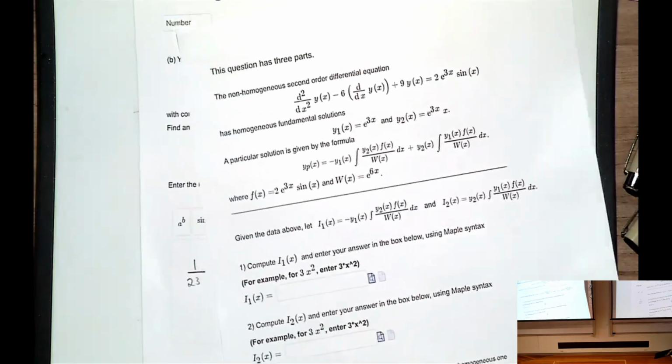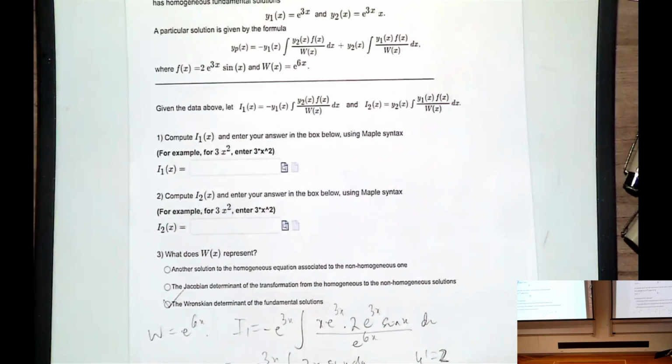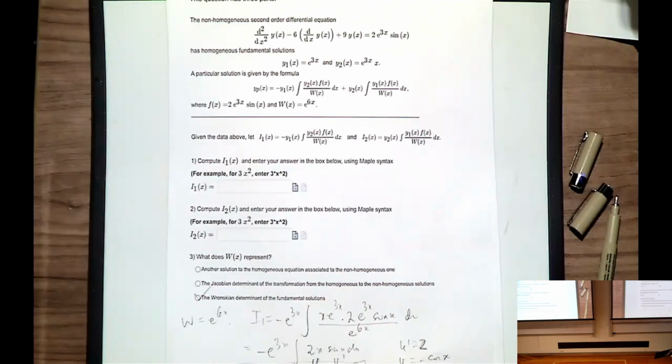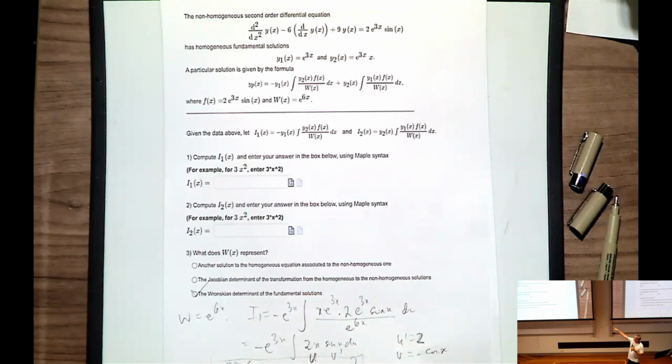Okay, hang on, I'll zoom right out. So I've got to calculate I1, I2, and they give us the formulas for that. So it's just a matter of plugging things in and then simplifying the integral as much as possible.